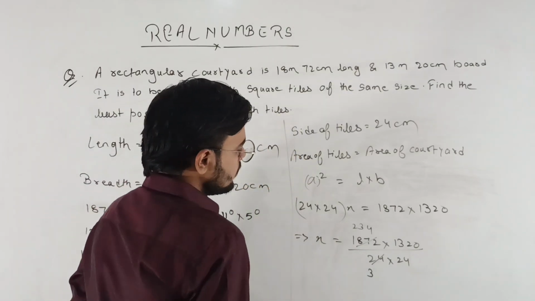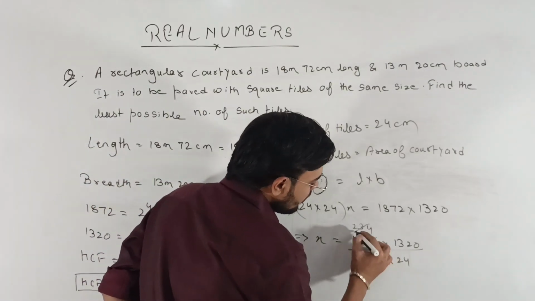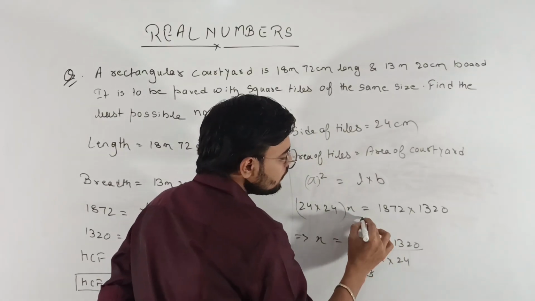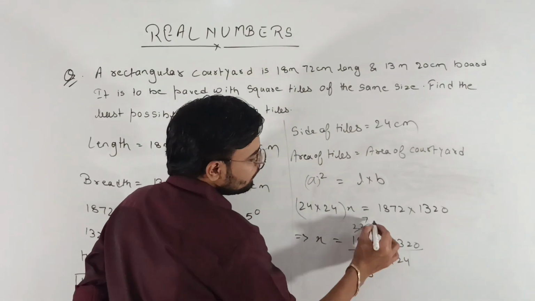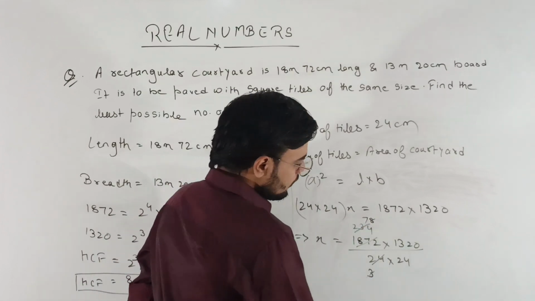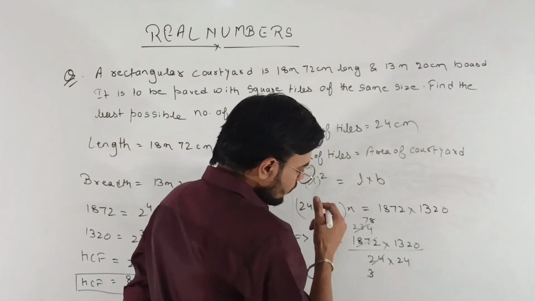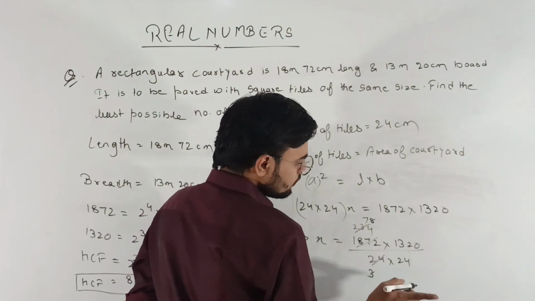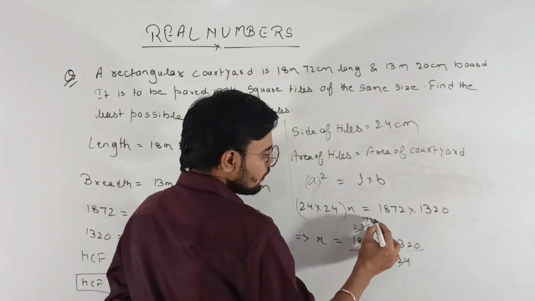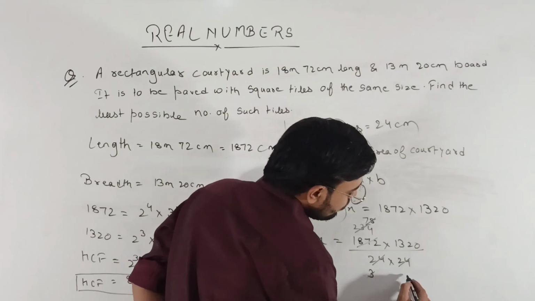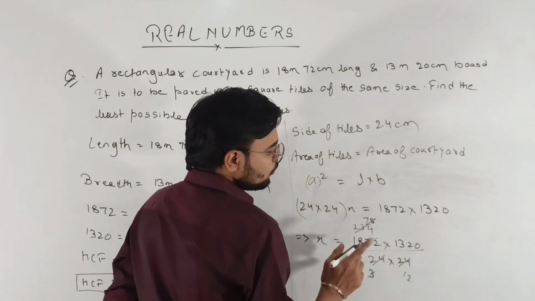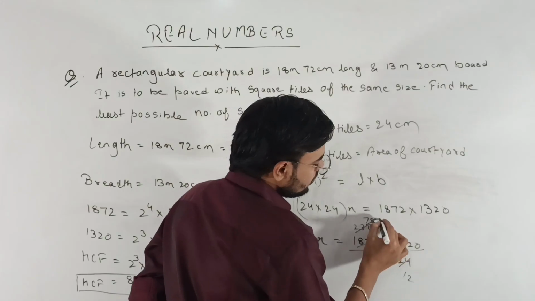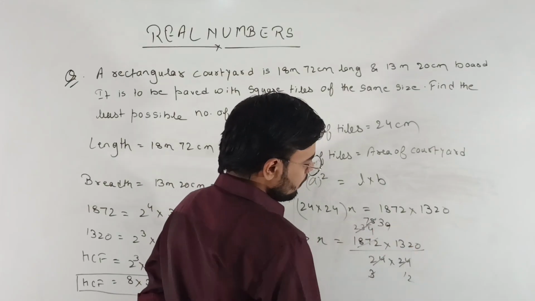Now 24 and 234 are cancelled by 3. 3 8 is 24, and 78. Now 24 and 78, again by 2. 12 2s are 24, and 78 by 2 is 39. So 39 and 12.